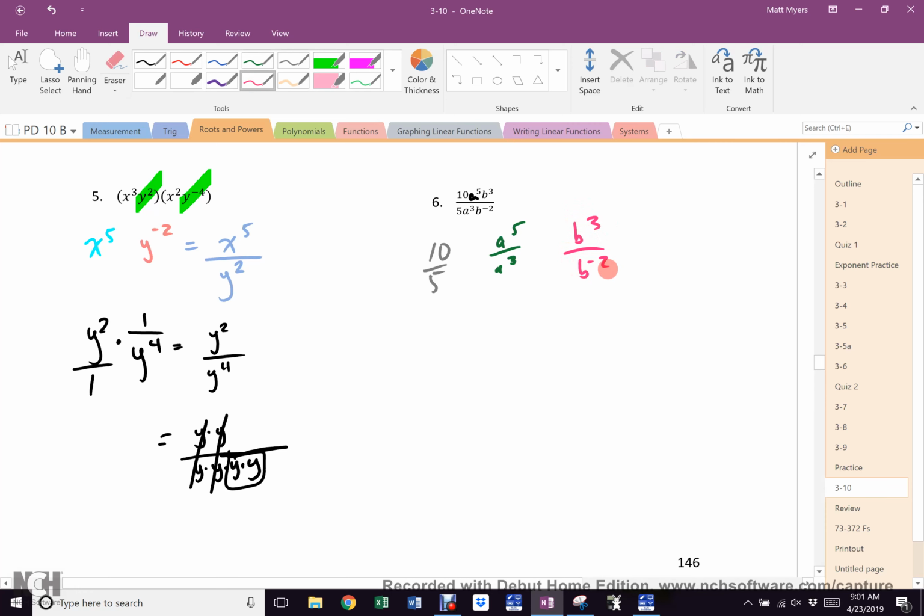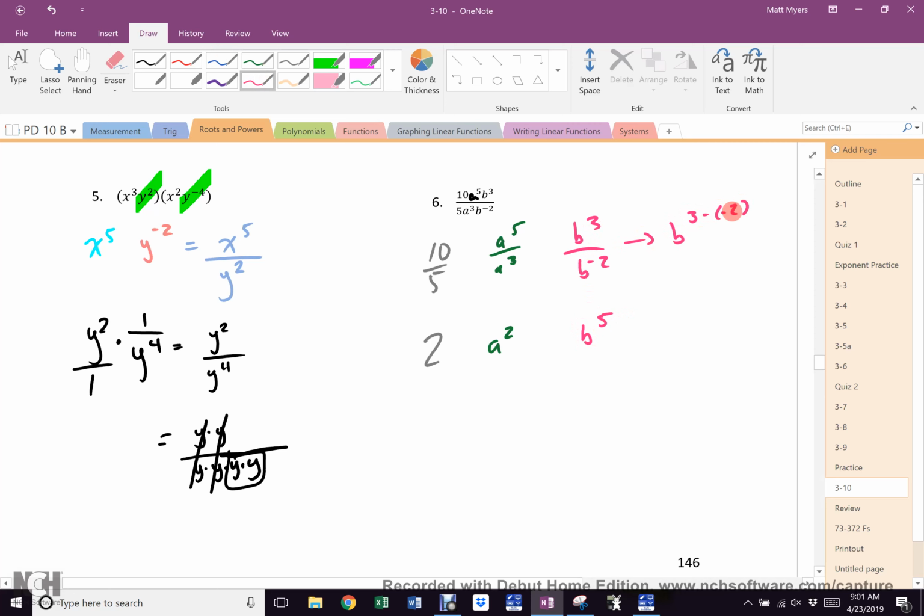Right? What is 10 divided by 5? 2. What is a to the 5th divided by a to the 3rd? A squared. We all know why, right? Okay. And what is this one? To the 5th. Why? 3 minus negative 2.